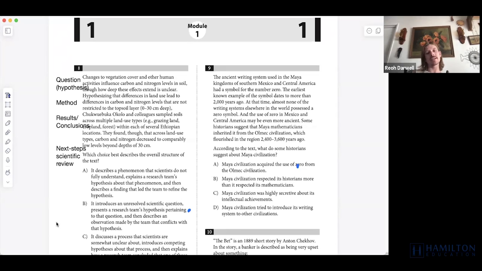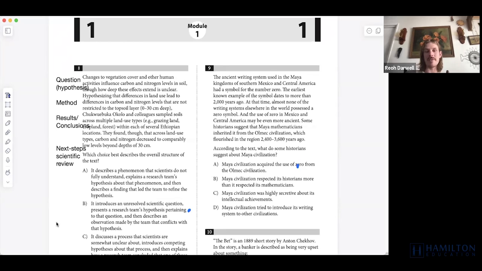So how deep into the ground the effect of human activity impacts nitrogen and carbon levels is our question. Here's our hypothesis, kind of a guess: land use differences produce differences in carbon and nitrogen levels deeper than just the topsoil, which is the top 30 centimeters of soil.